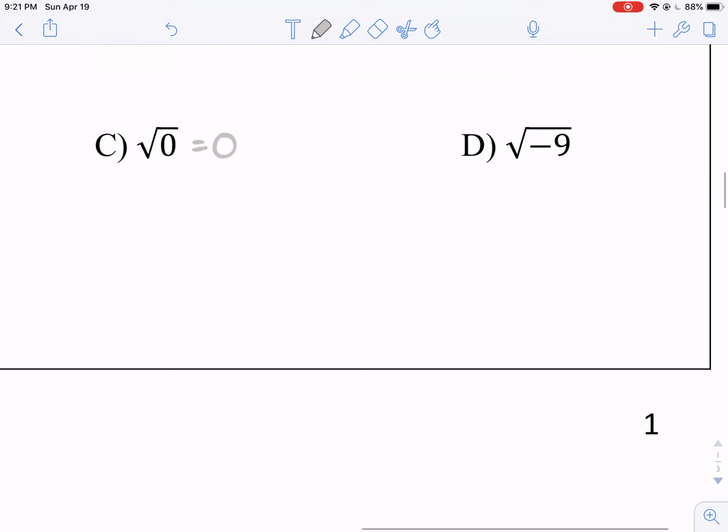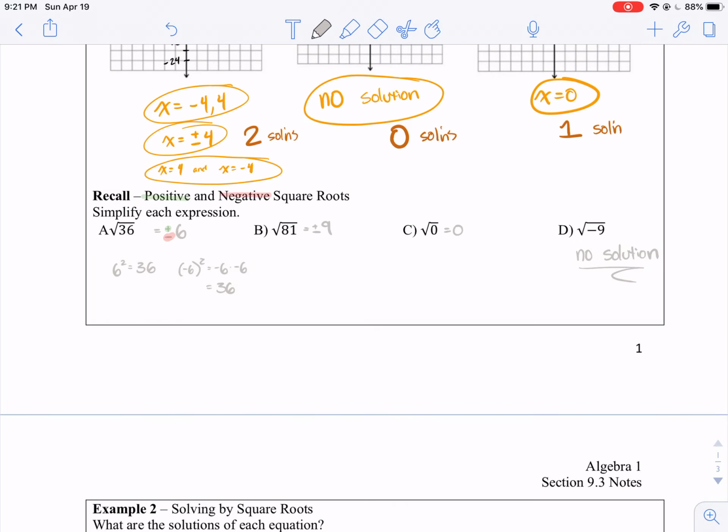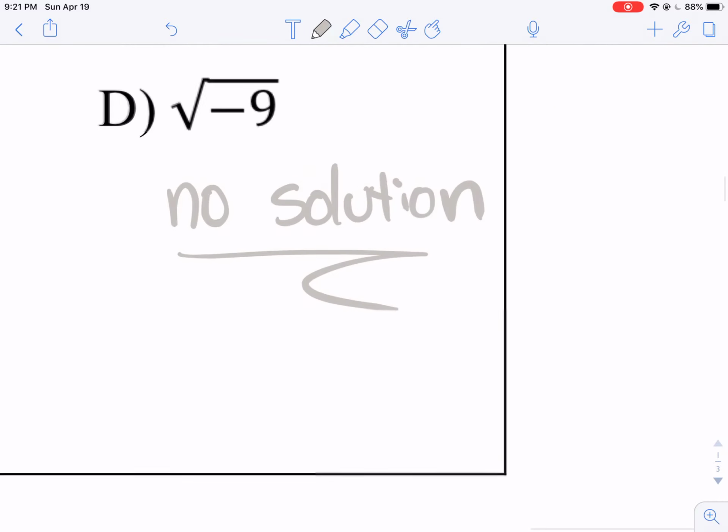And then finally, the square root of negative 9 has no solution. You cannot have a square root of a negative number. We just say there's no solution. If you're like, wait, Miss Van Dyke, why isn't it negative 3? Because the square root of 9 is 3. So why isn't the square root of negative 9 equal to negative 3?